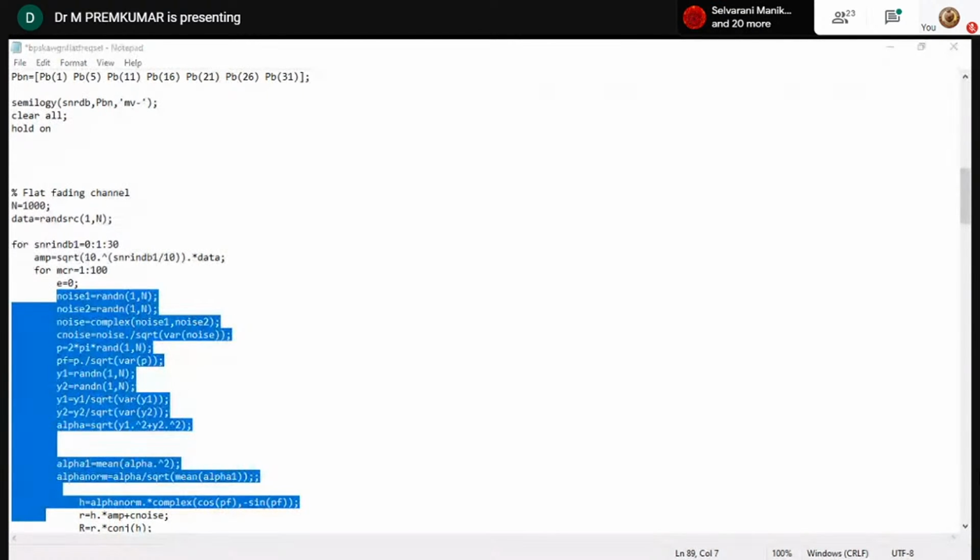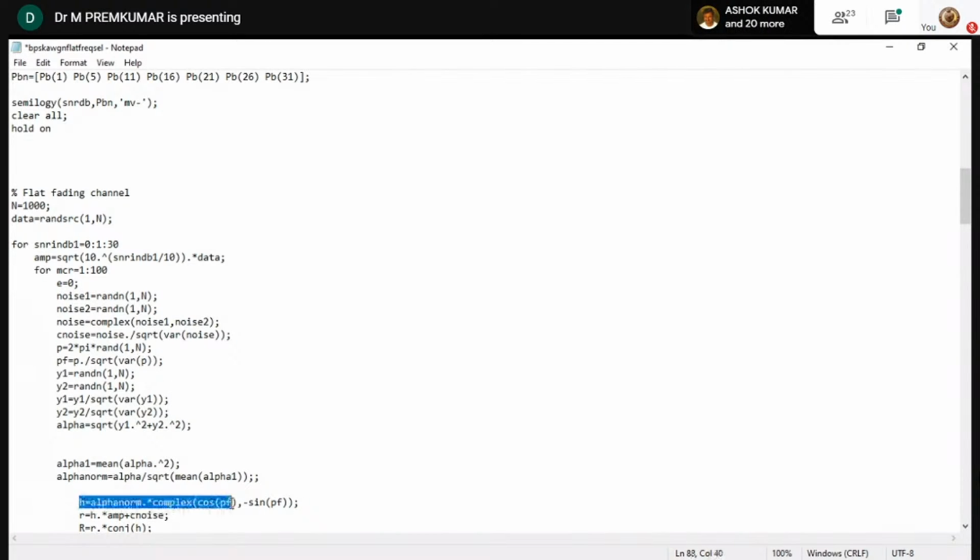In the PPT we have seen y of t is equal to alpha of t into x of t into e power j theta t plus n of t. x of t is the transmitted signal, alpha of t is the channel gain, and e power j theta is the phase response. This equation is written in this particular program.